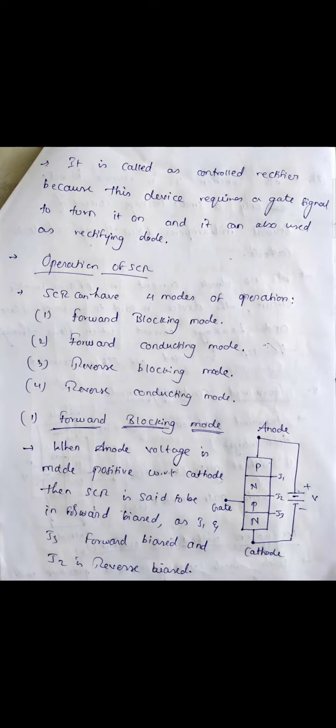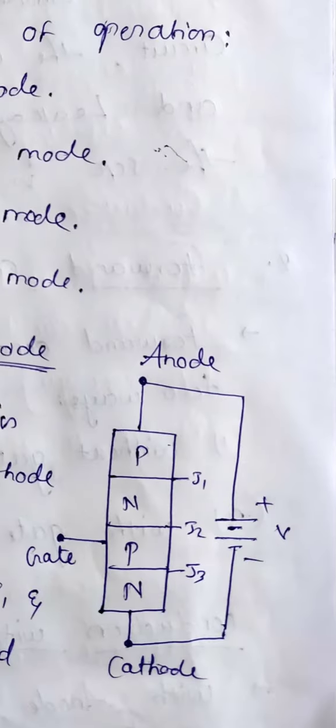We call this the anode, and this the cathode, because the positive terminal is connected to the p-type. J1 and J3 are in forward bias, but J2 is in reverse bias because of this external battery.